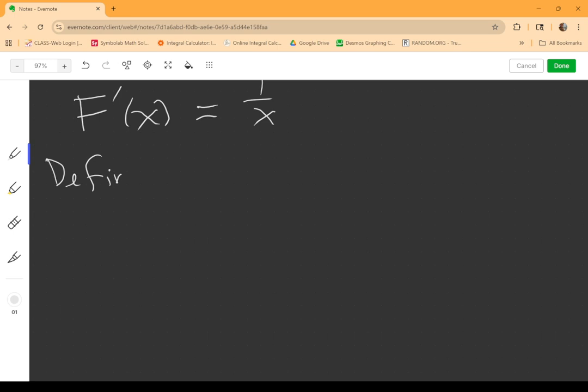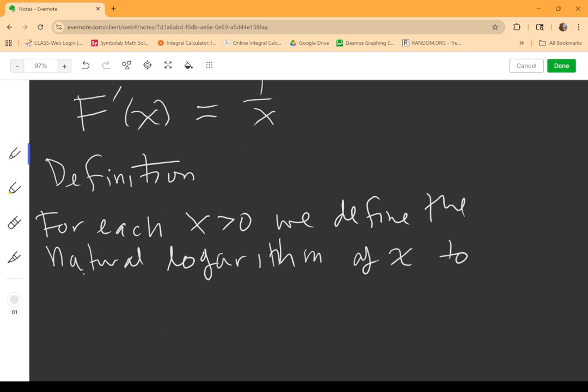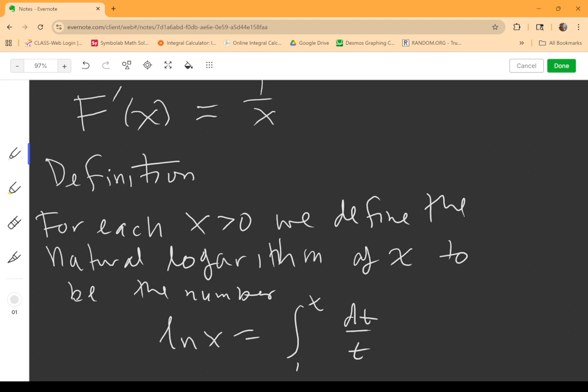So here we have a definition. For each x larger than 0, we define the natural logarithm of x to be the number, the integral from 1 to x of dt over t.